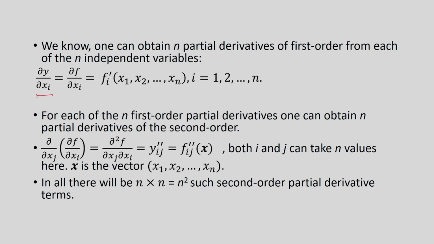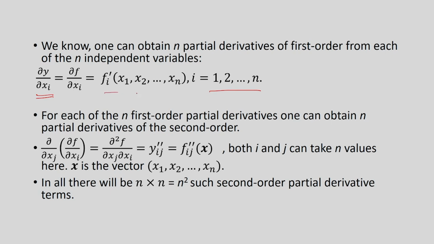So, this is written as ∂y/∂xi, where I can take any of these values. So, ∂y/∂x1 could be the partial derivative with respect to x1, then you have ∂y/∂x2, ∂y/∂x3, etc., ∂y/∂xn. So, n partial derivatives could be obtained and all these derivatives are of the first order.